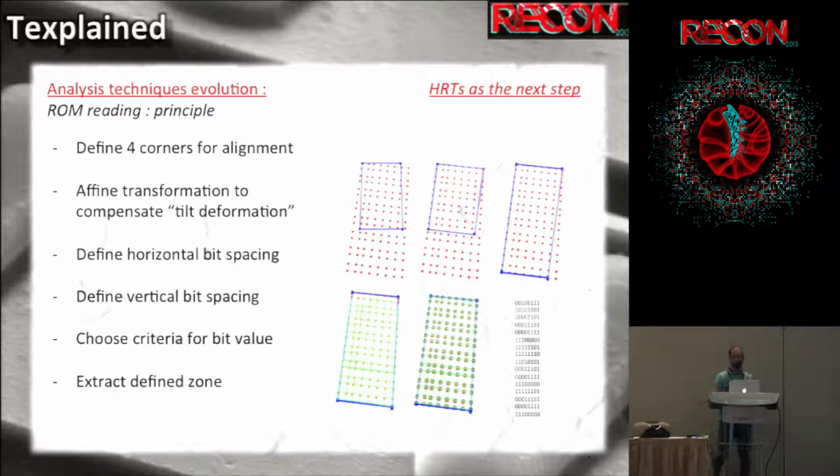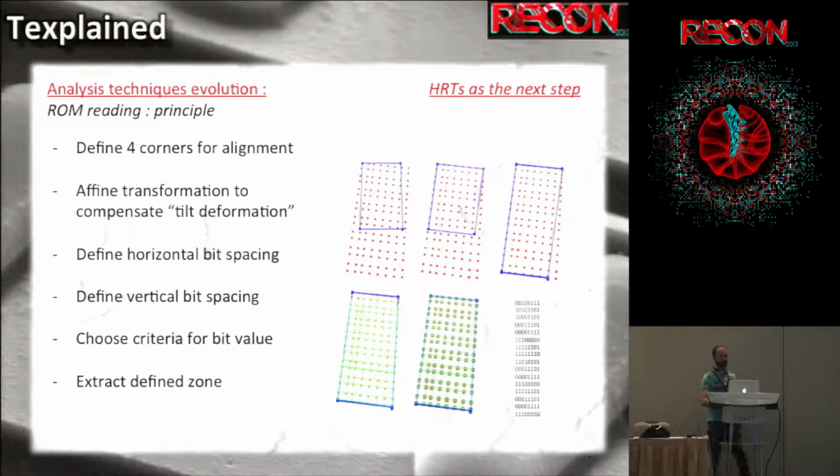Then you have a lot of parameters to set: spacing between the columns, between the rows, the size of the area of interest, and then a method to detect the bits. It can be an average, or a threshold or whatsoever. And at the end, you can extract just the binary.